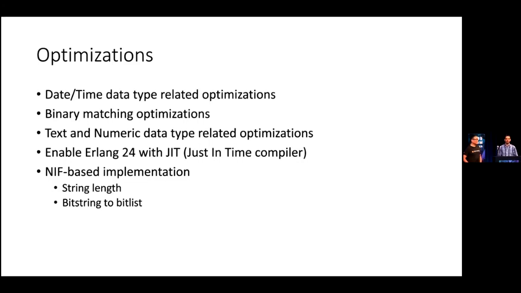During this process, we realized that our development environment was using a version of GCC that did not support compiling Erlang with JIT. And we wrote a couple of NIF-based implementations for some functions that were used quite often in our code.